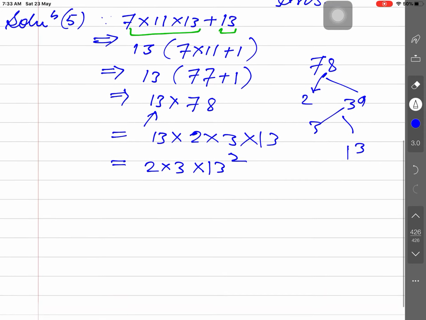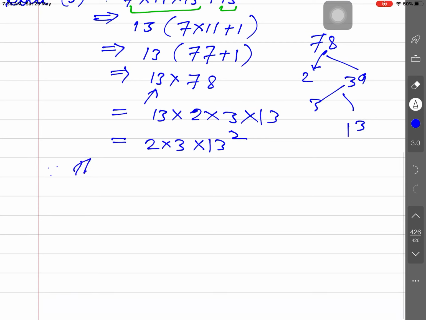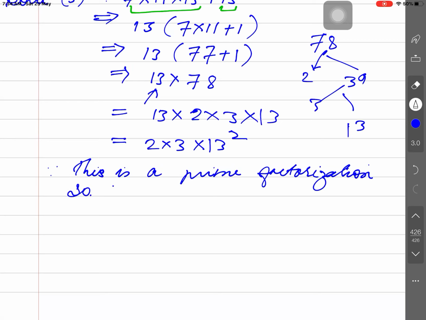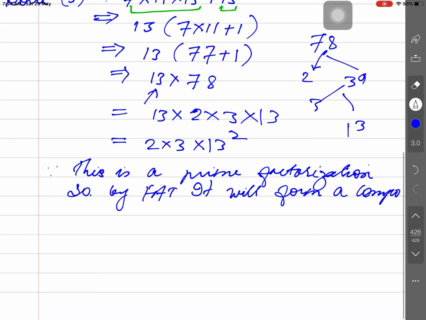So you will write: since this is a prime factorization, by the fundamental theorem of arithmetic, it will form a composite number.